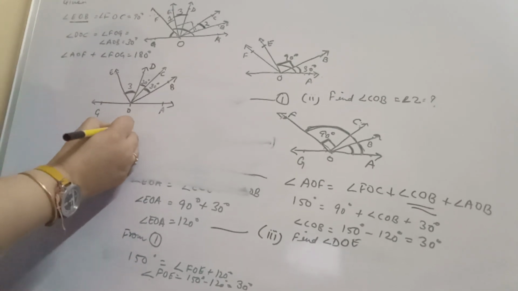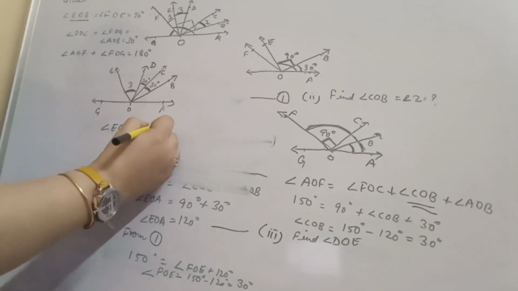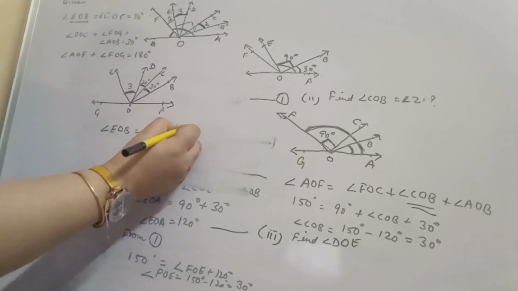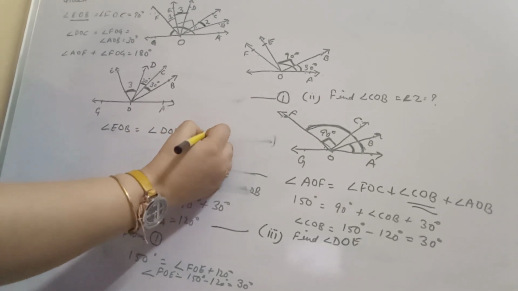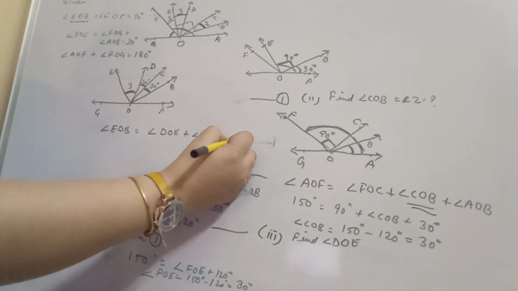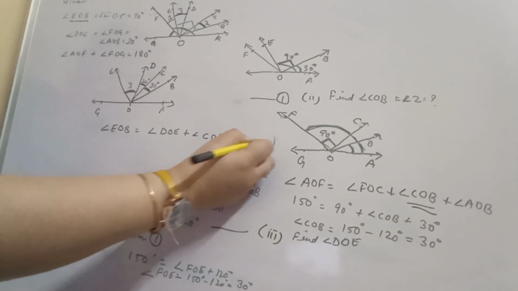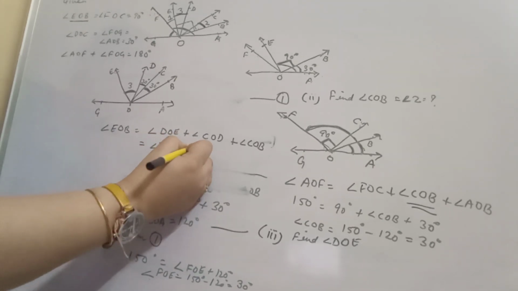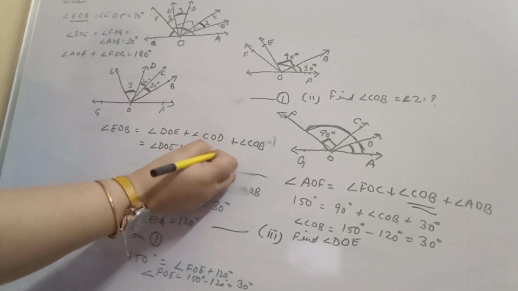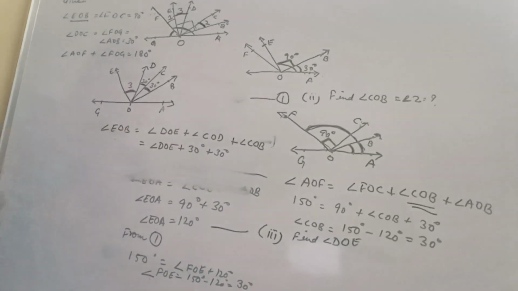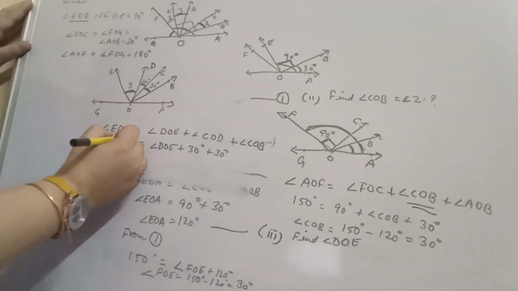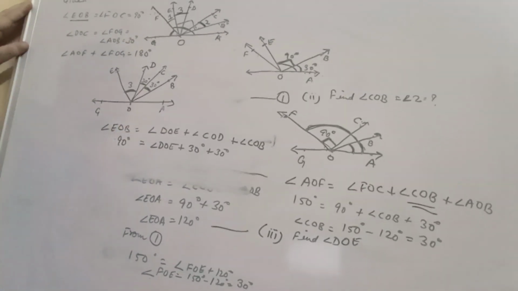So I can write EOB as angle DOE plus angle COD plus angle COB. So this gives me angle DOE plus 30 plus 30, and EOB I know from previous, EOB is given to me as 90 degree.